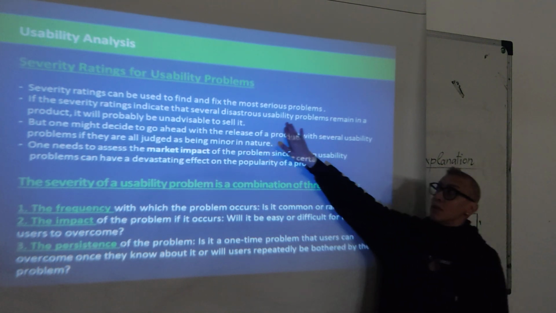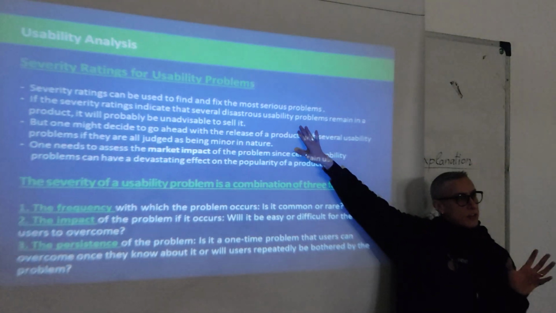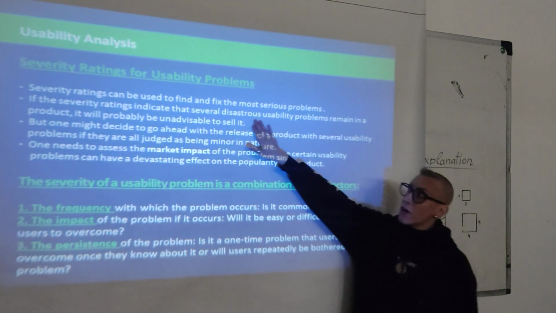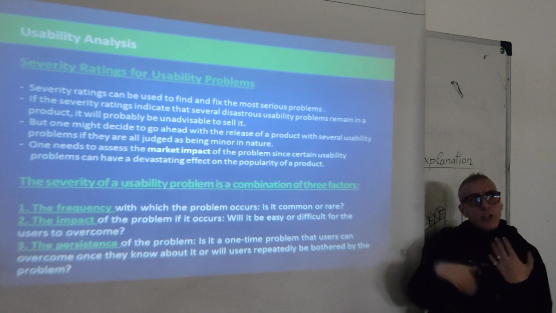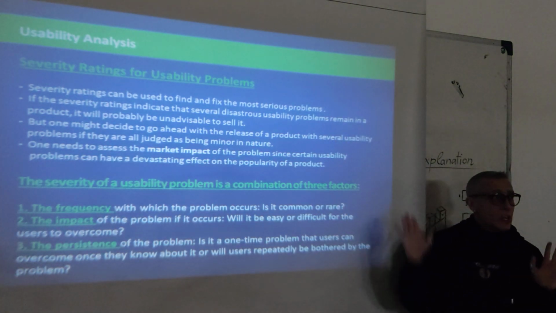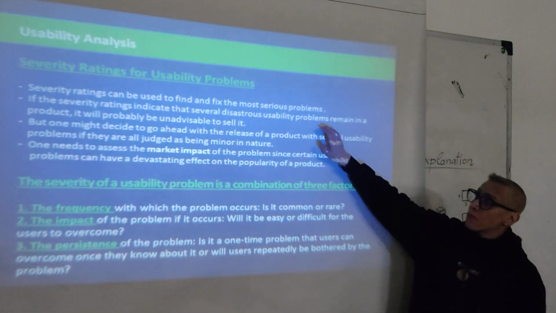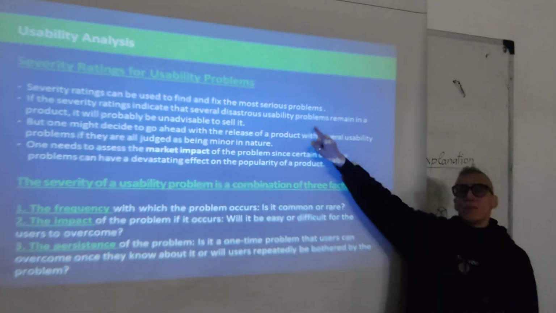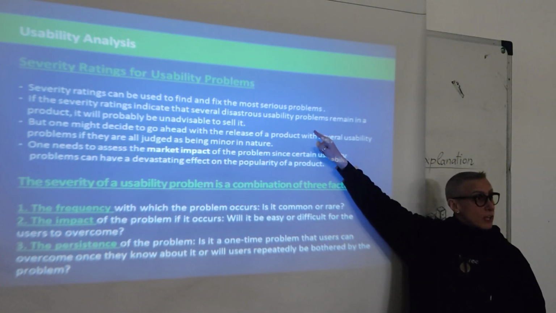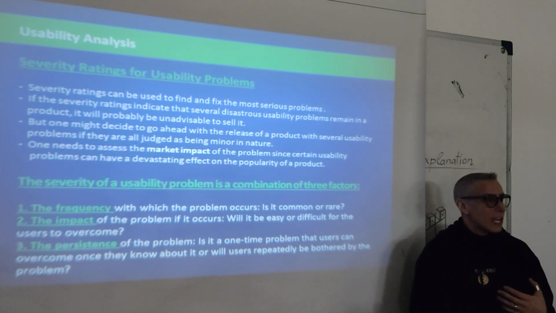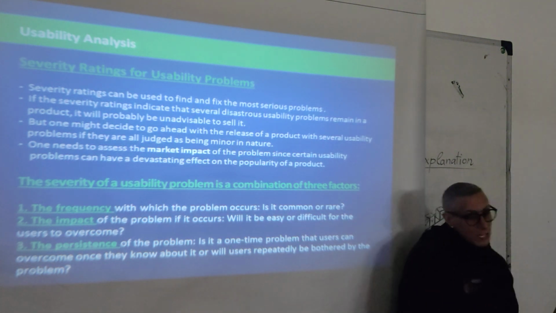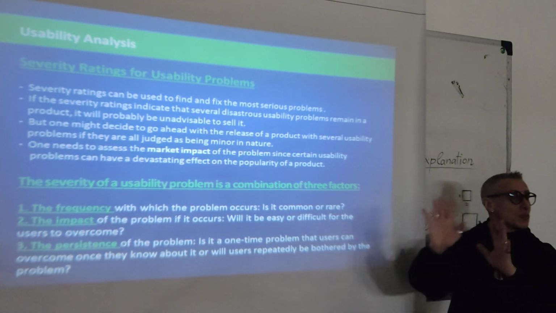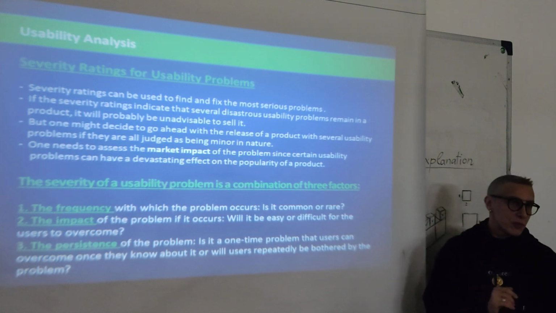Now, if you analyze a certain product, a certain design, and you find disastrous usability problems, like really big and serious problems that happen while the user is using this product, this is a serious problem. In this case, if usability problems are found in a design, it is best not to continue with it. You need to go back to stage one, redesign it and fix the problem, and then you can continue with the design, with the manufacture and selling of the product.